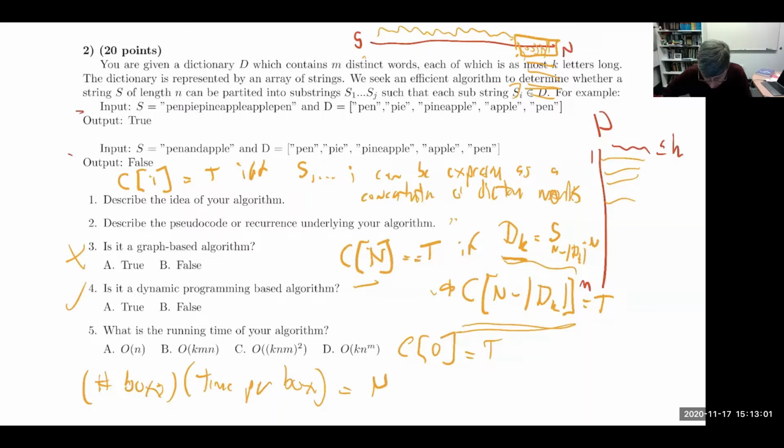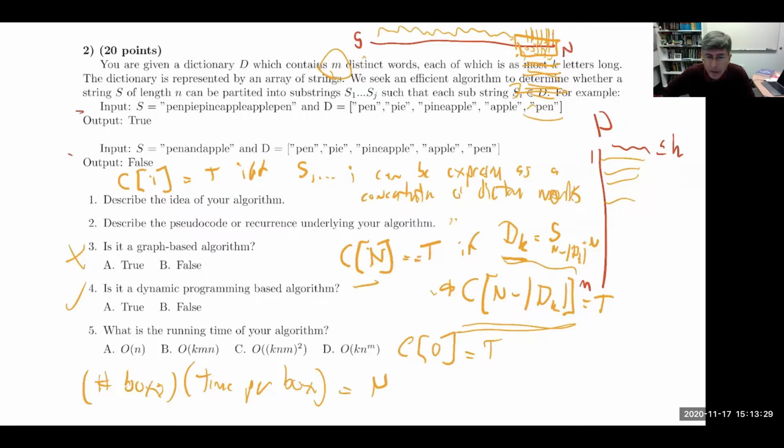To fill each box, I'm going to take each of my dictionary words. How many dictionary words did I have? M dictionary words. For each of the M dictionary words, I'm going to align it to the back. That takes time proportional to its length to do that test. Either it matches or it doesn't.